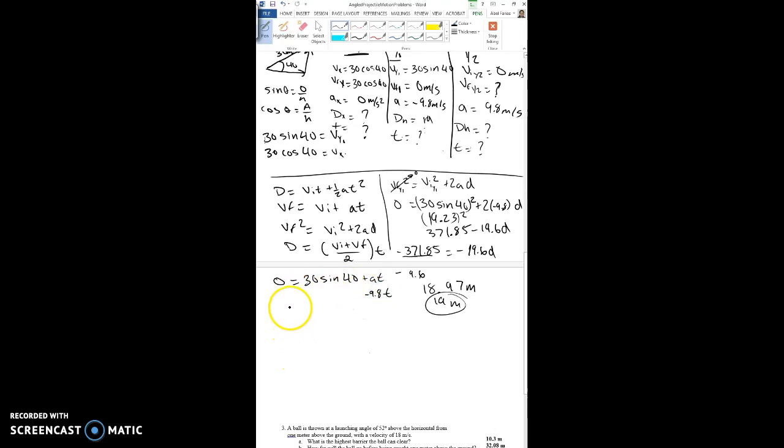So 30 sine 40 we said was 19.23, and I found that from over here, did the same calculations there, is equal to negative 9.8 t. So 19.23 divided by 9.8 will give me 1.96 seconds. This equals time in y1, seconds in y1.